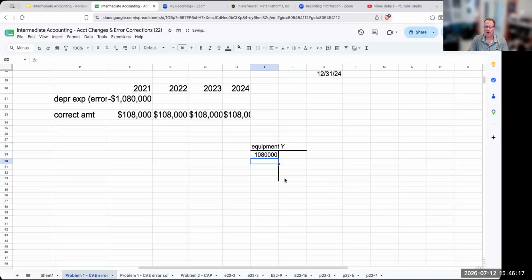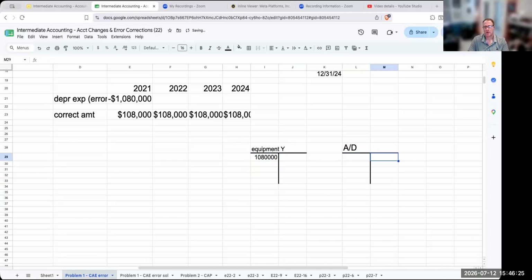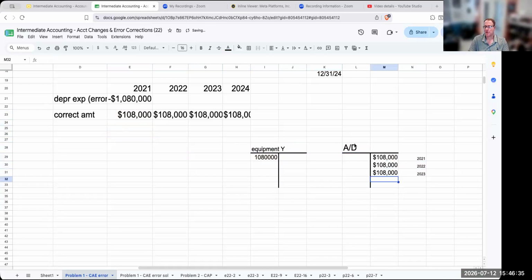And my accumulated depreciation should cover 2021, 2022, and 2023. I should have taken 108,000 every single year.